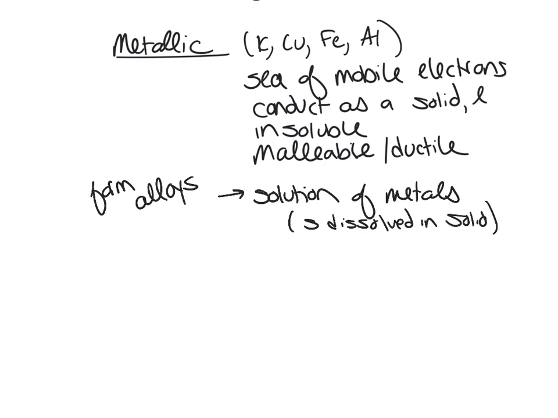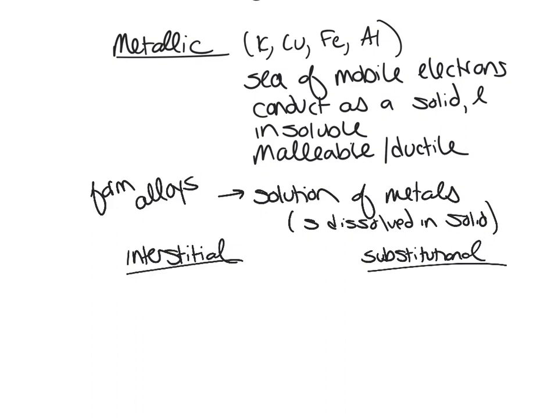So the idea here is that there's two types of alloys. There's interstitial and there's substitutional. An example of an alloy that you probably know is sterling silver, 14 karat gold, 18 karat gold, brass, bronze.